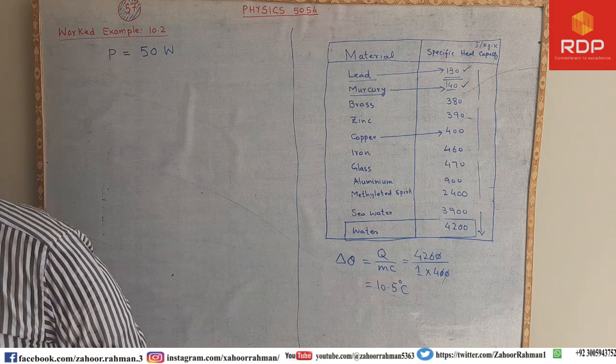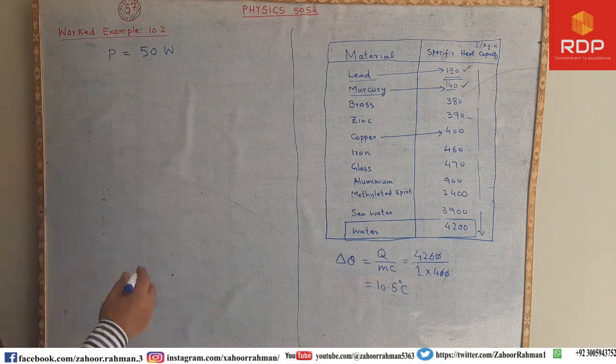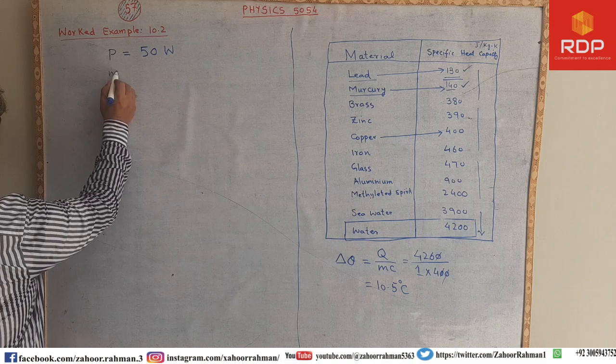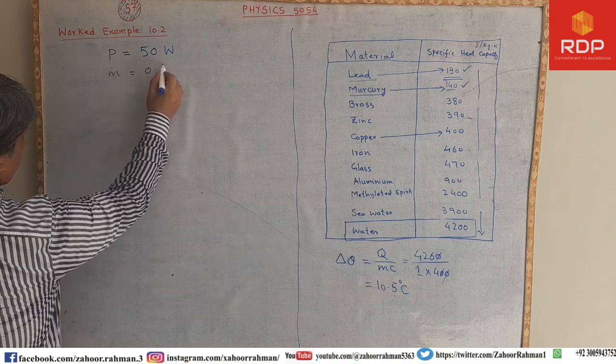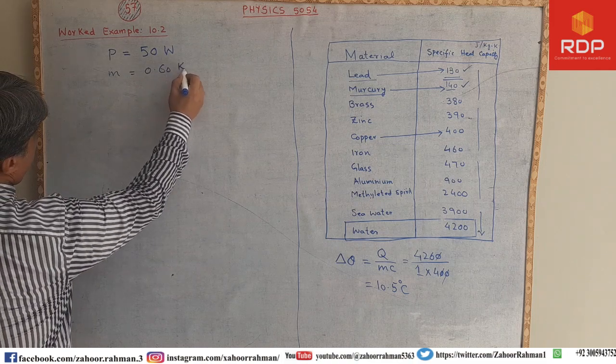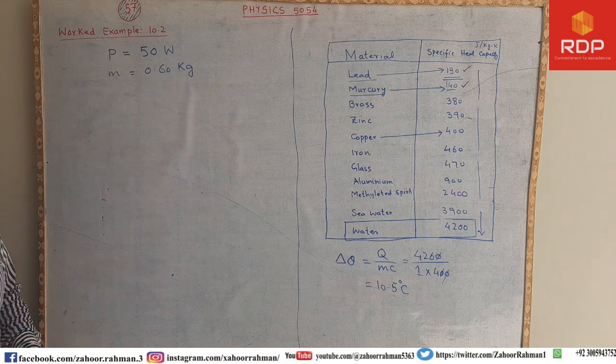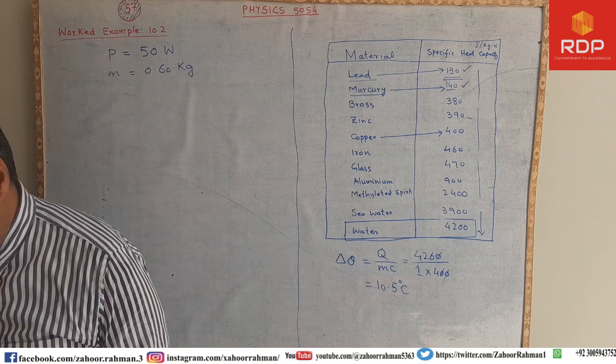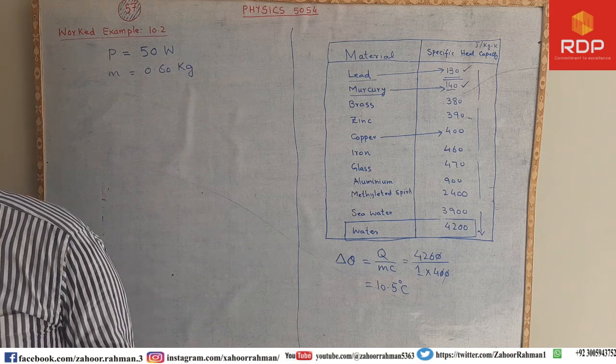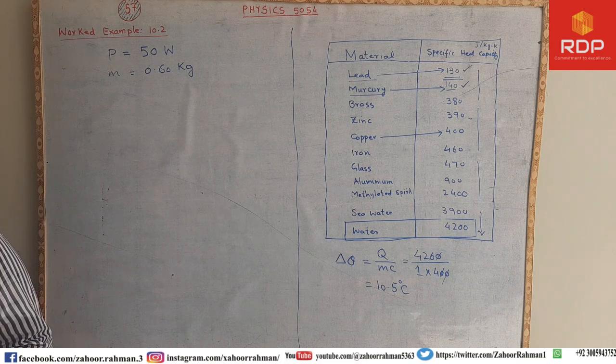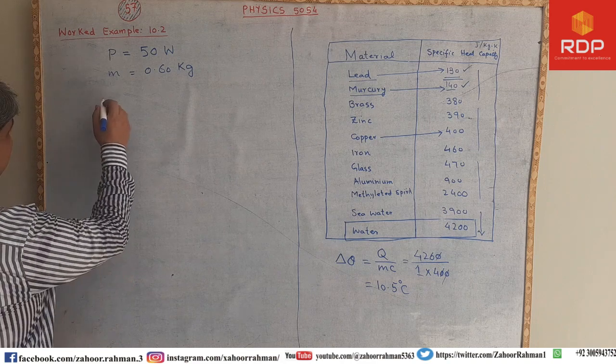To a metal block of mass M is equal to 0.60 kilogram, and raises the temperature of the block from 20 to 45.